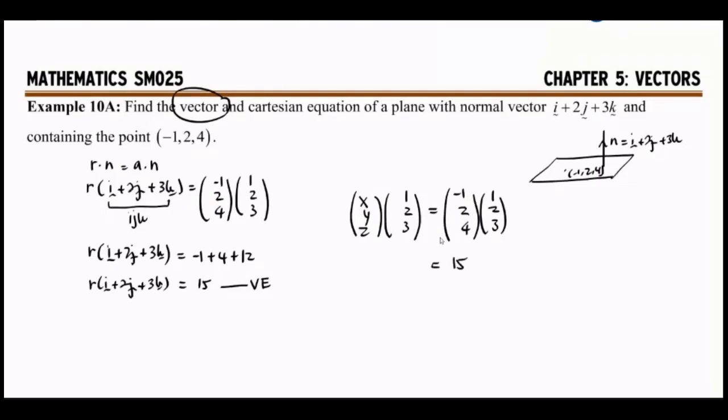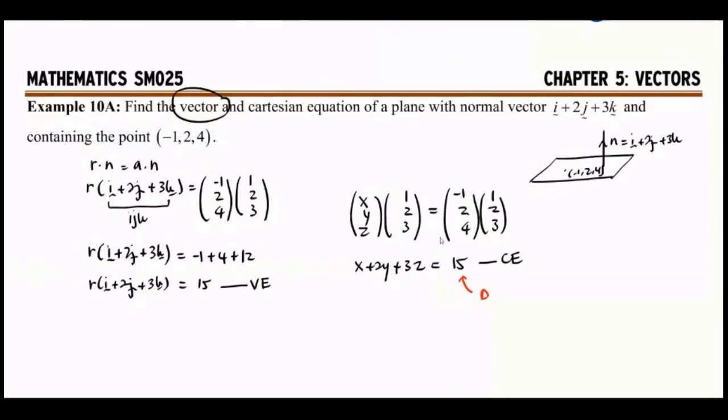For the left hand side, we're going to have X plus 2Y plus 3Z. The one I put in is D. Okay, so this one will be the Cartesian equation. So that is example 10A.